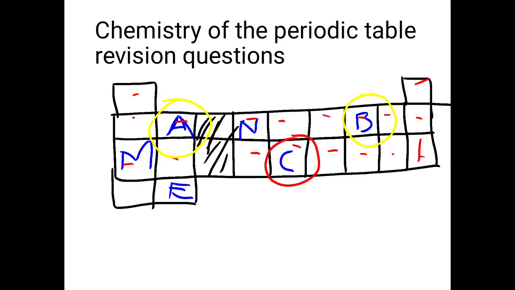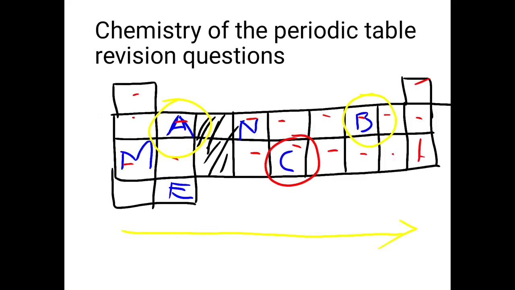Why? As we move across the period, there is an increase in the atomic number. That means the number of protons for B is higher than the number of protons for A. For example, the atomic number of A is 1, 2, 3, 4.